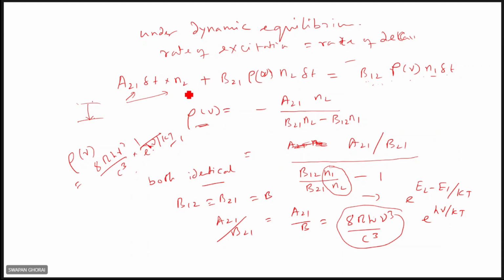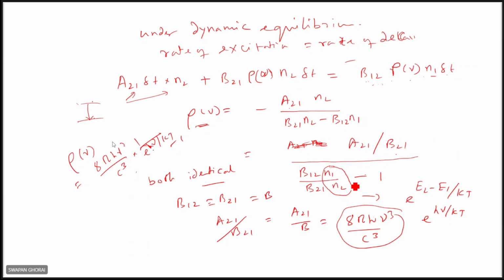So rho nu, from these equations, if you just divide the whole thing by B21 in the numerator and denominator, then it will be A21 by B21 over B12 by B21 times N1 by N2 minus 1.